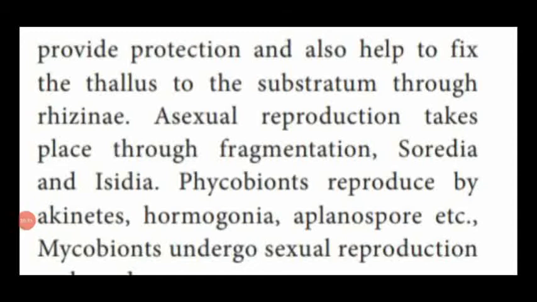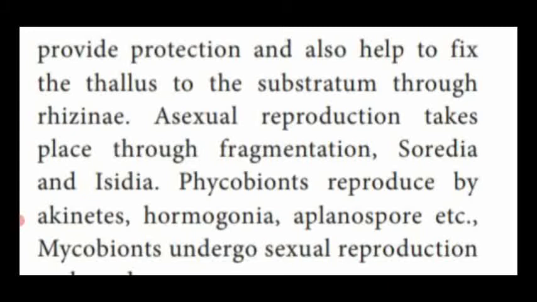Dear students, out of these two organisms, the algal partner gives the nutrition or food material, and the fungal partner gives protection to the algal partner and also fixes the plant firmly to the substratum by producing the rhizoids or rhizinae, and also absorbs water and mineral salts from the soil.